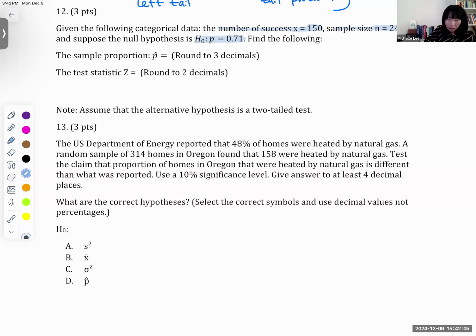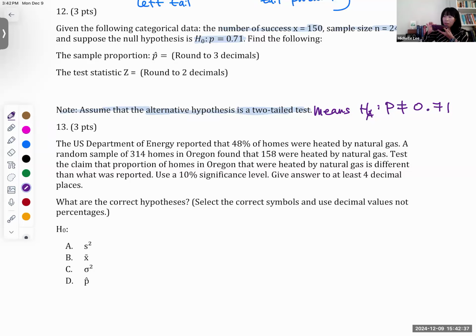They don't give it to us, but they give a hint: assume that the alternative hypothesis is a two-tailed test, right? This means H sub A, p is not equal to 0.71, right? Now we want to know about the sample proportion and test statistic.